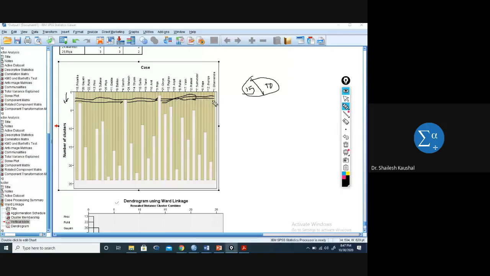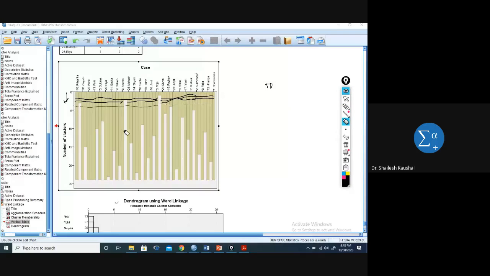Then if I move further, there is one cluster, second cluster, third cluster, fourth cluster. The logic is how to create the clusters. So on the basis of this icicle plot, we can divide the heterogeneous market into homogeneous. Okay sir. Okay sir, fine. Thank you.